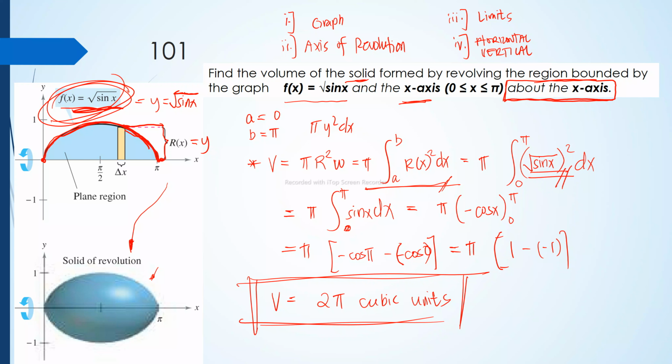Then we have the integral of sine x, which equals negative cosine x. We evaluate that from 0 to pi, and eventually arrive at our solution that the volume of the solid of revolution is 2 pi cubic units.